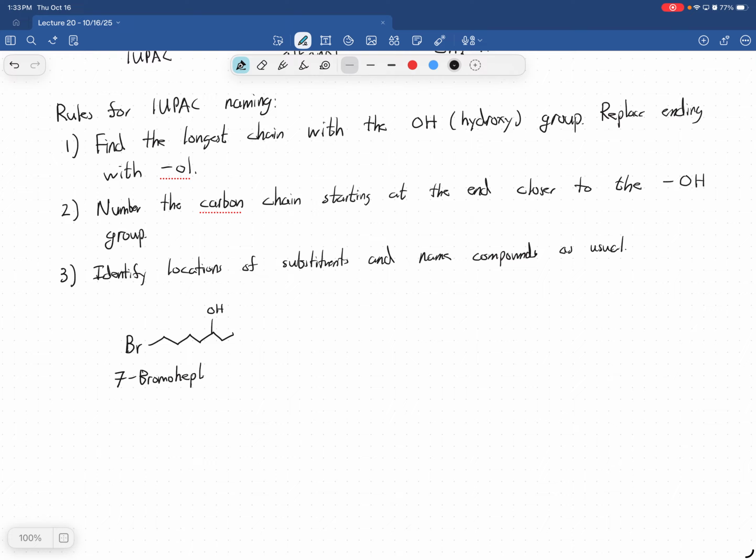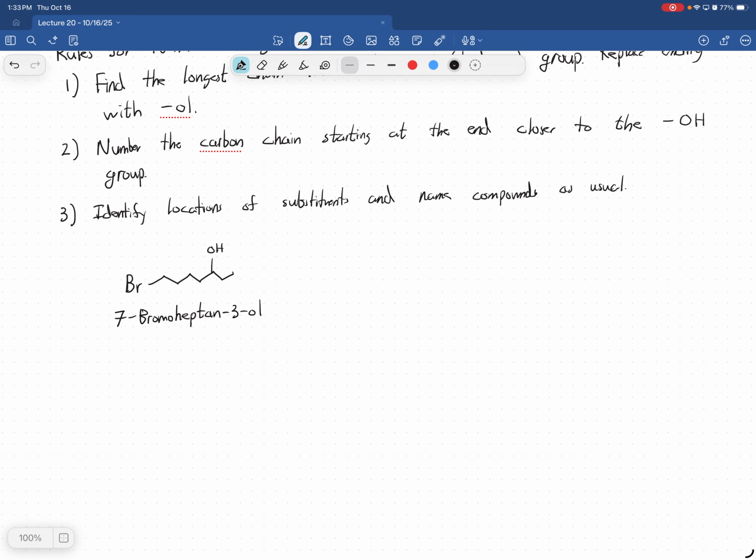So there's two ways you can do this. So you write heptan because that's a heptane, right? A seven-carbon chain. But you didn't indicate where the OH is, so this is one way you can indicate it. This is now the officially accepted, modern way of writing it: 7-bromoheptan-3-ol. So it's a heptane, but at the 3 position, there's an alcohol. You can write that. I don't like writing this way.